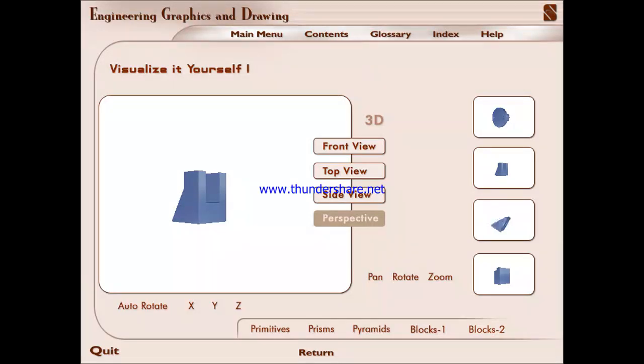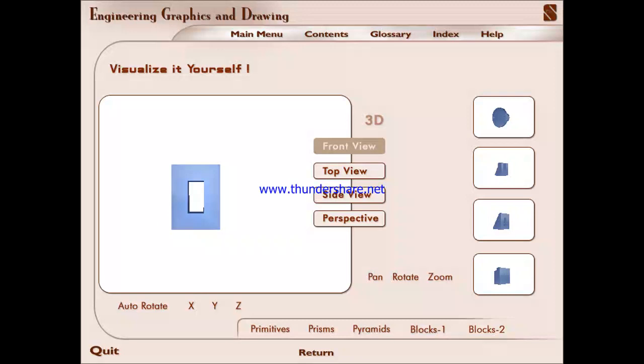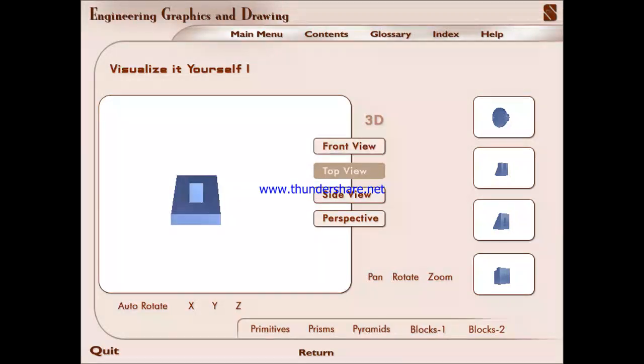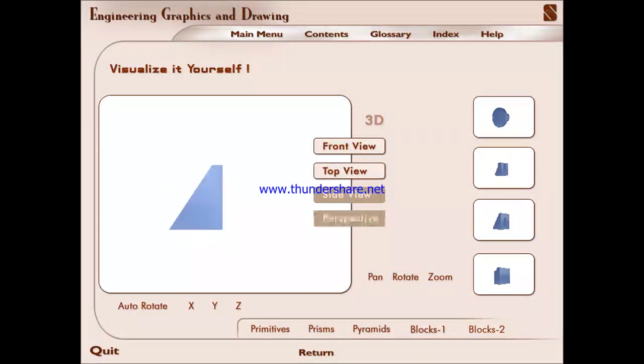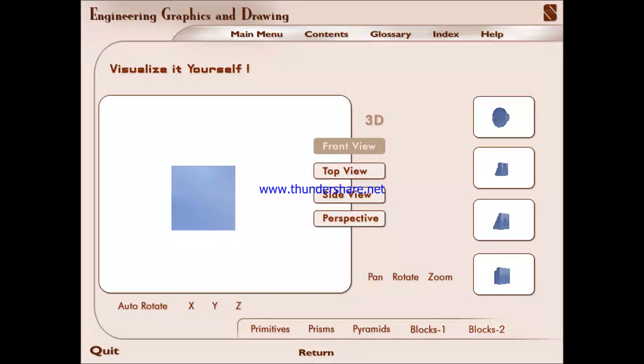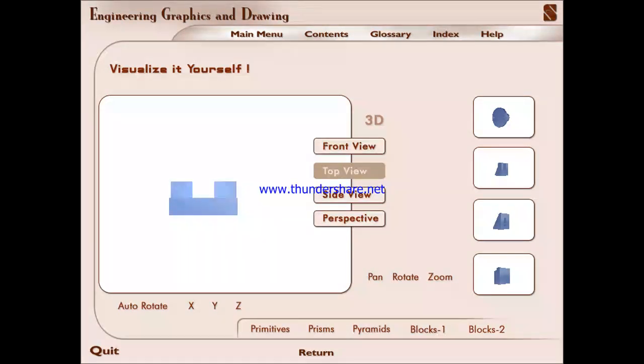Let us consider this block. For that, front view, top view, side view, perspective view. Let us consider this block, which will have front view, top view, side view, perspective view.